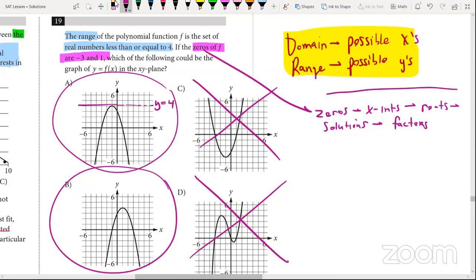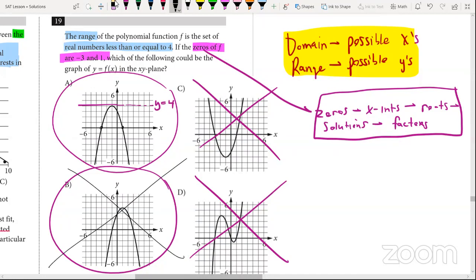All these things basically mean the same thing. They're the x-intercepts. So the zeros, the x-intercepts, are -3 and 1. Which of these graphs, A or B, is hitting the x-axis at -3 and 1? That's this one right here. Choice B hits at -1 and 3. So the answer to number 19 is going to be A.